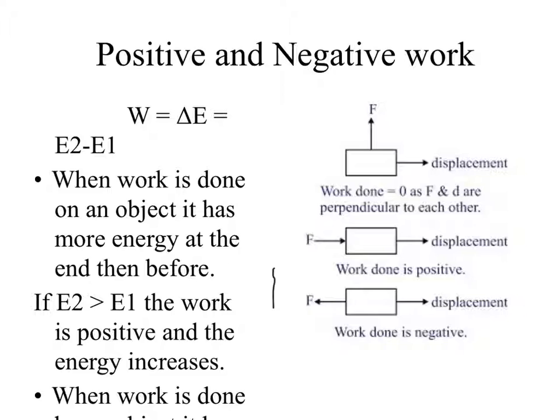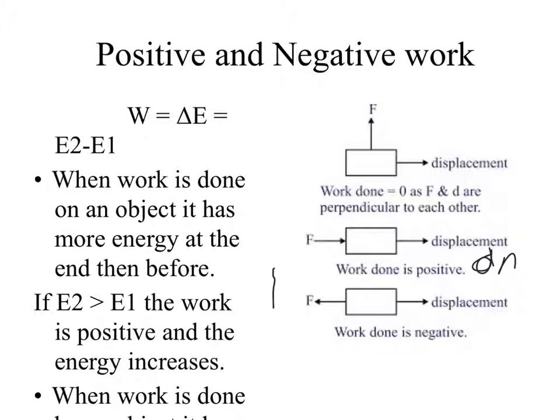Okay? So, you've gained energy, the object has gained energy. We call that positive work, or work done on an object. Okay? So work done is positive if it's work done on the object.